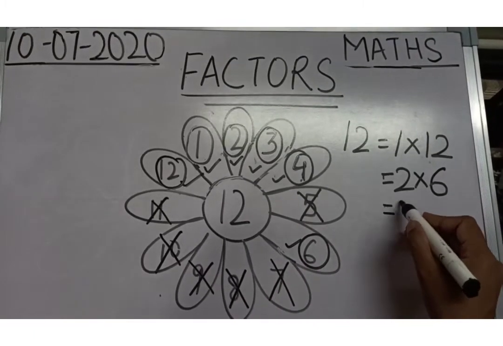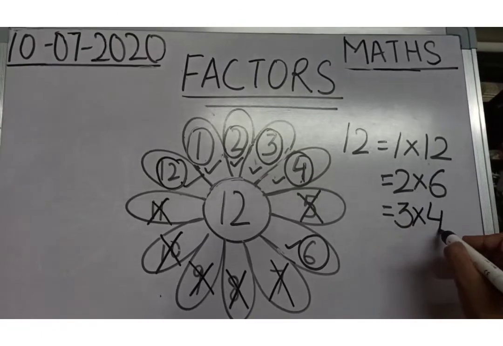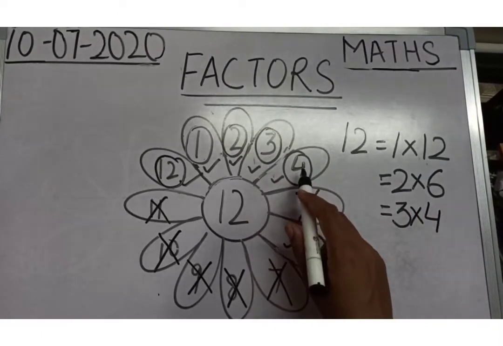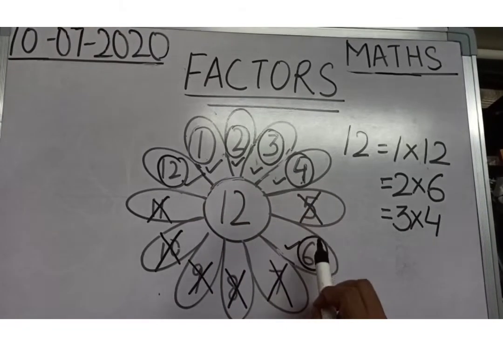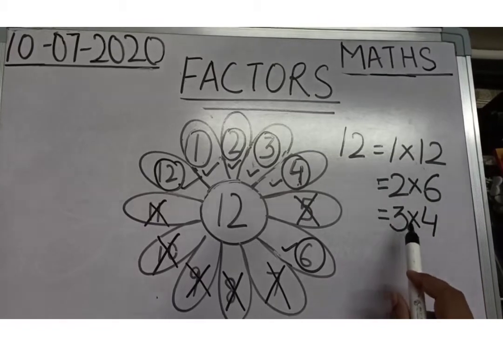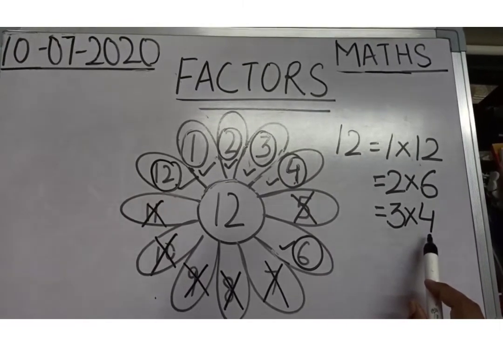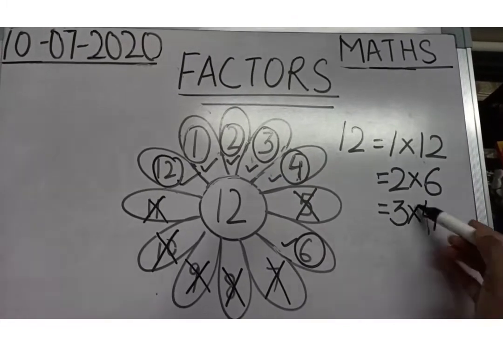What about the third number? Number 3, partner is 4. Yes. So, 3 and 4. If I count 1, 2, 3, 4, 5 and 6, and over here 1, 2, 3, 4, 5 and 6, so 6 factors have been written and that too in a sequence. And now how to read?